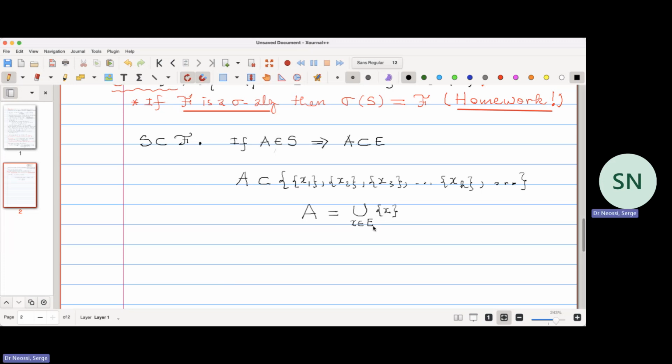So we can see that each element here is a subset of E.